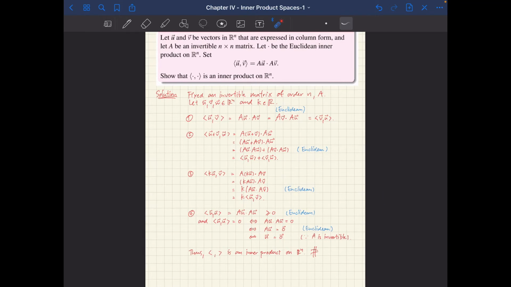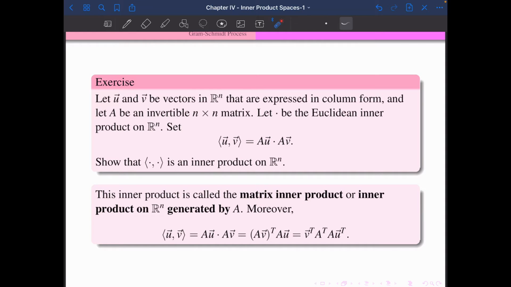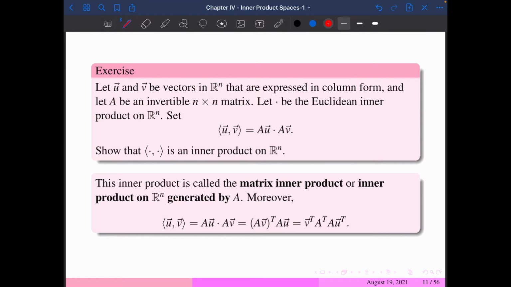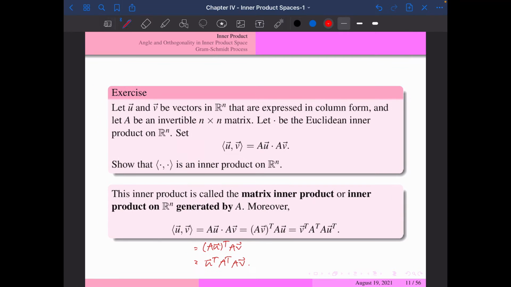In this space, I mean this inner product, we call it the matrix inner product, or sometimes we say that this is the inner product on Rn generated by the matrix A. And as we talked before, the usual dot product in Rn is (Au) transpose multiplied by Av, and from the property of the transpose, this is u transpose multiplied by A transpose multiplied by A multiplied by v. So I think this one is not special.